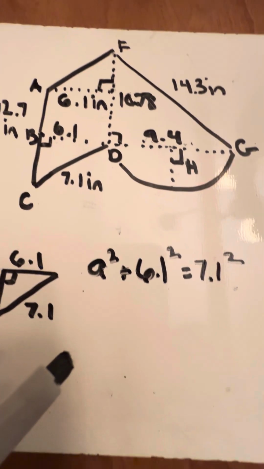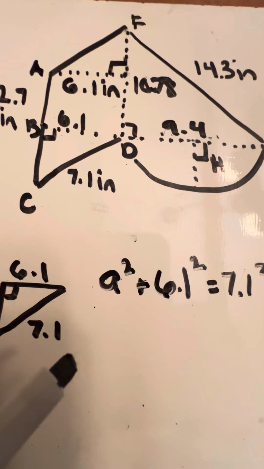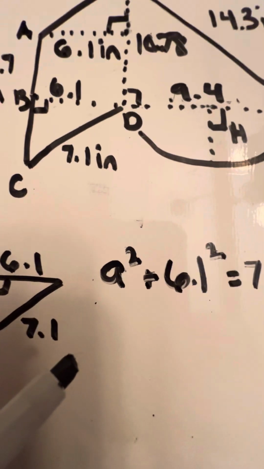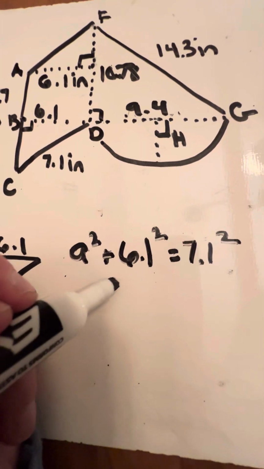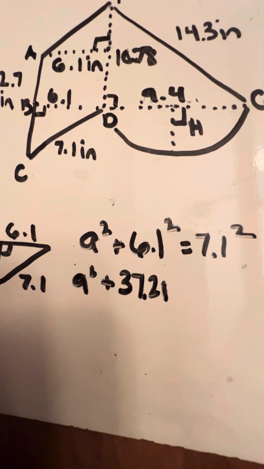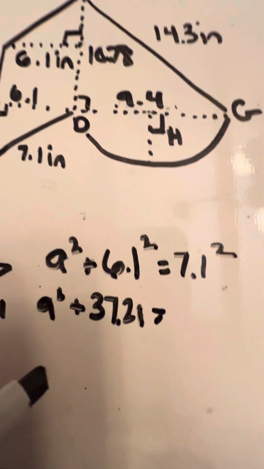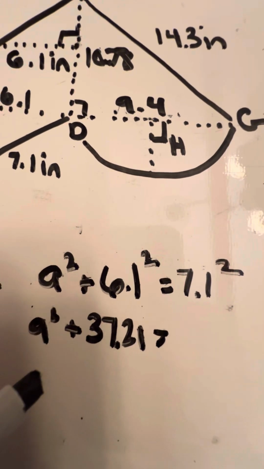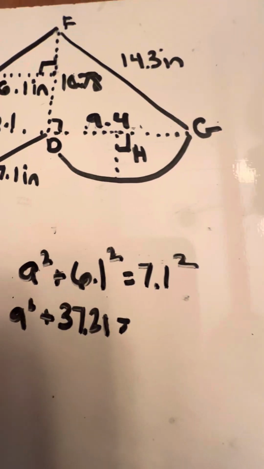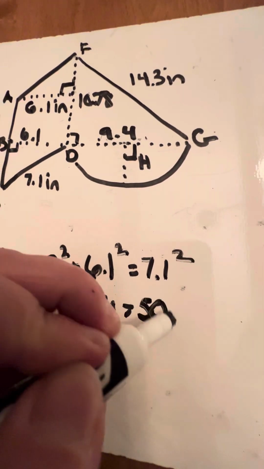We're going to start with finding out what 6.1 squared is. That's 6.1 times 6.1, and we are going to get 37.21. Then we're going to find out what 7.1 squared is, which is 7.1 times 7.1, and that is going to give us 50.41.